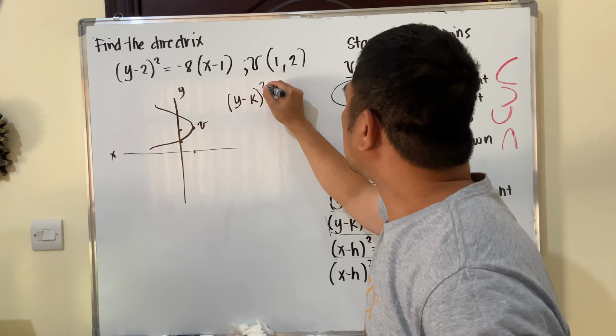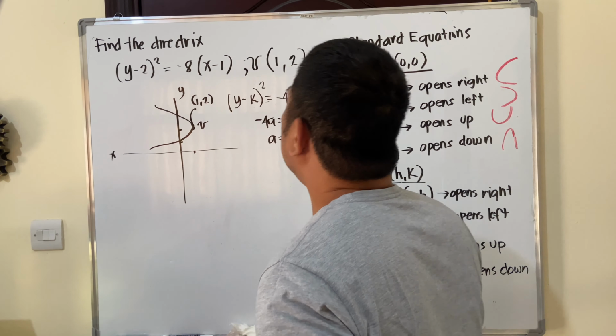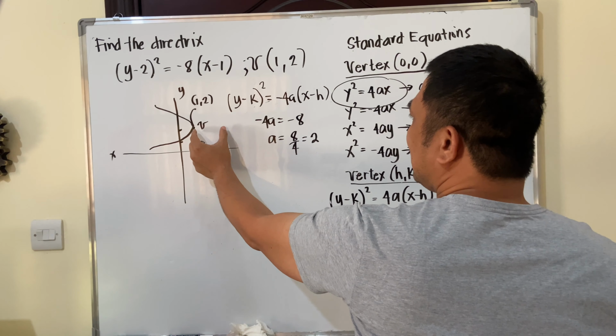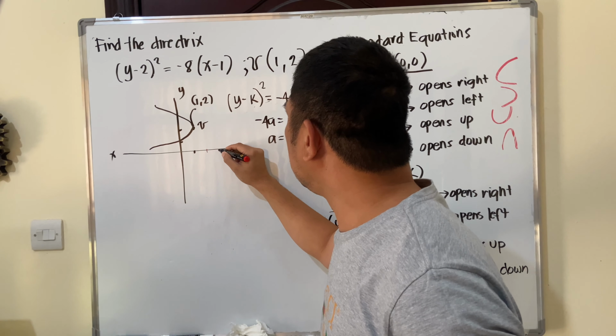So -4a is equal to -8, therefore your a value is 8/4, or equal to 2. So in other words, from your vertex, which is at (1, 2), you have a distance to your directrix of 2 units.